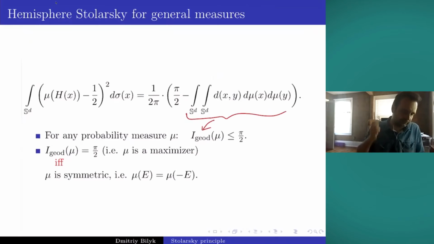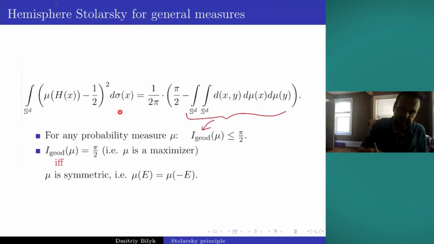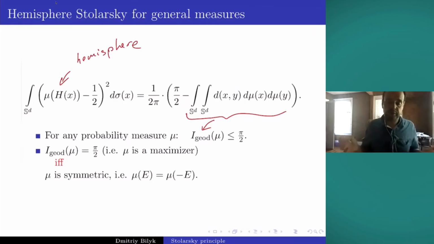It seems almost obvious because this means that for sigma almost every x, the measure of a hemisphere, so h of x here stands for a hemisphere in the direction of x, should be 1/2. And it seems almost obvious that that can only happen if the measure is symmetric, but it does require some proof, actually. It's interesting that it's not completely trivial to show. But yeah, it holds. So all symmetric measures here maximize this energy integral.